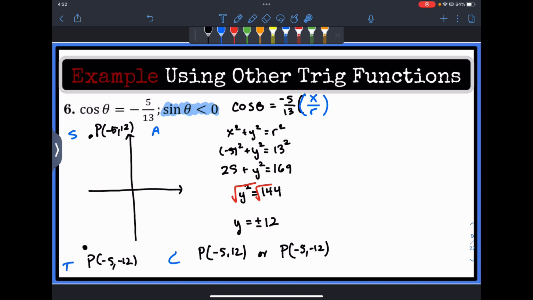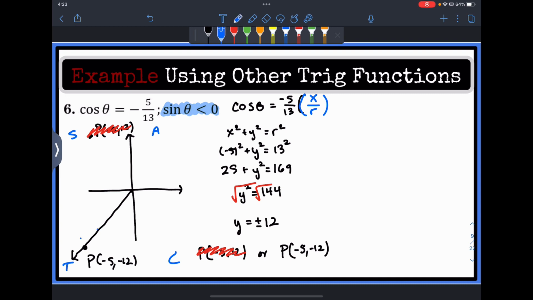The only way that's going to happen is if our terminal side goes through this point down here, where y is negative 12 and not positive 12. So this cannot be the point that our terminal side goes through. Our terminal side has to go through the point in quadrant 3.